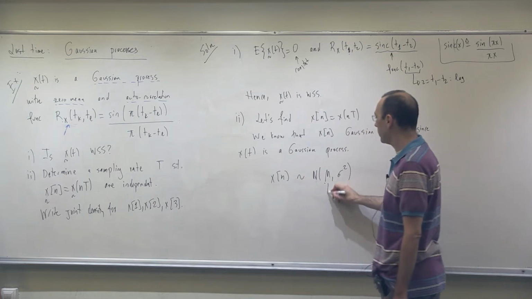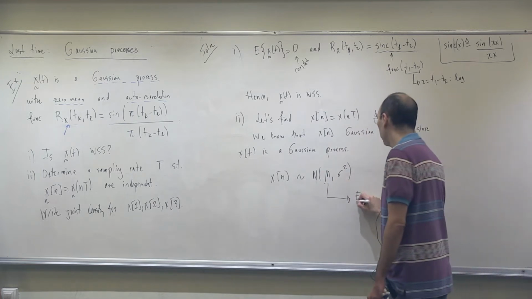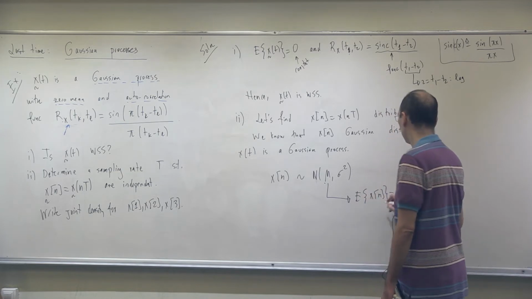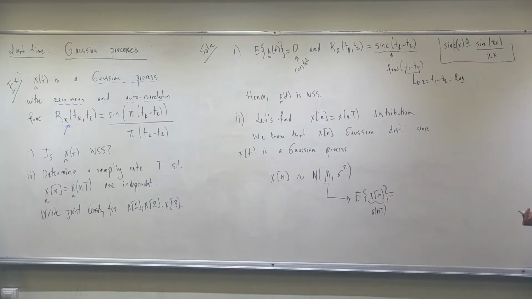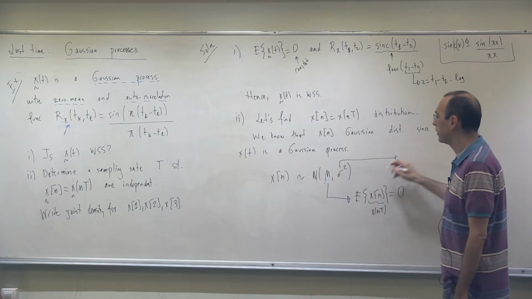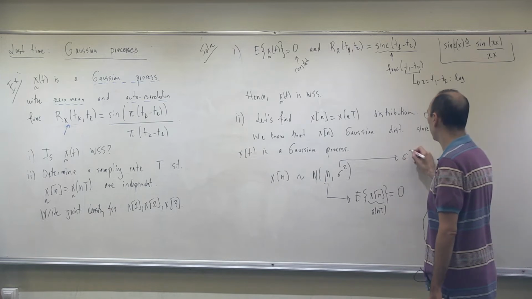Now the question is, what is the mean? Well, expected value of x of nT is equal to the mean function evaluated at nT, which is equal to 0. How about the variance? So this is equal to the variance.